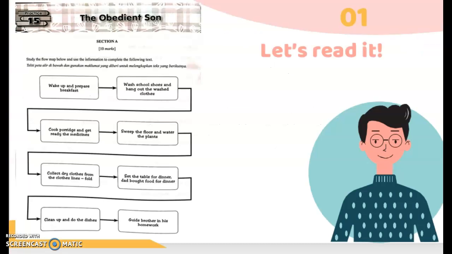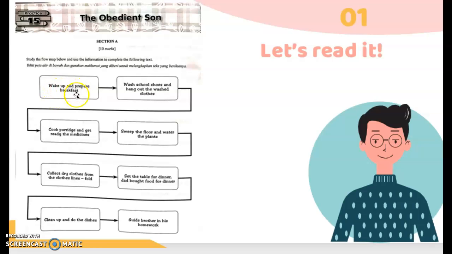Basically, you have to study this flow map in order to understand and transfer the information from this flow map to the text. Okay, let's look at this flow map. There are 8 things that had been done by a person, and let's look at the first one.